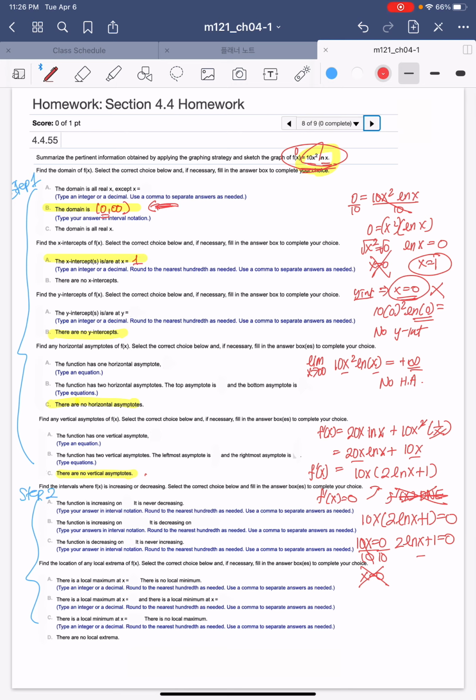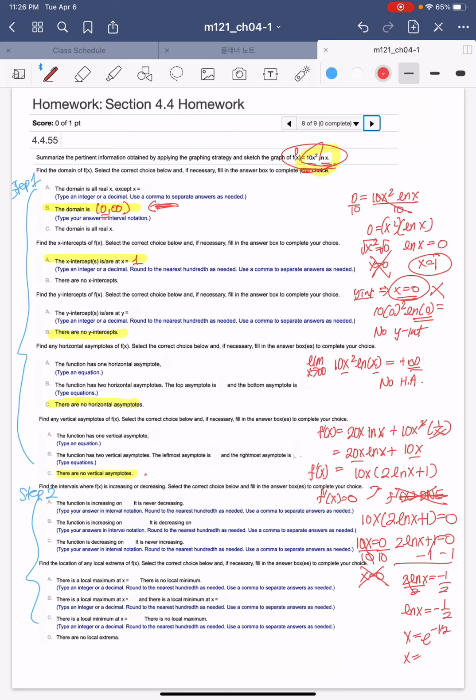Let's keep going. Subtract 1. 2 ln x equals -1, divided by 2, ln x is equal to -1/2. The only way we get rid of the ln is to apply the e function. So x equals e to the -1/2.